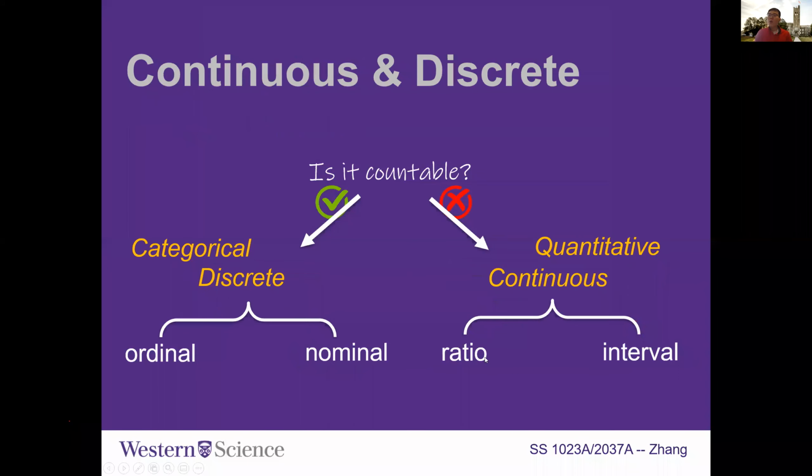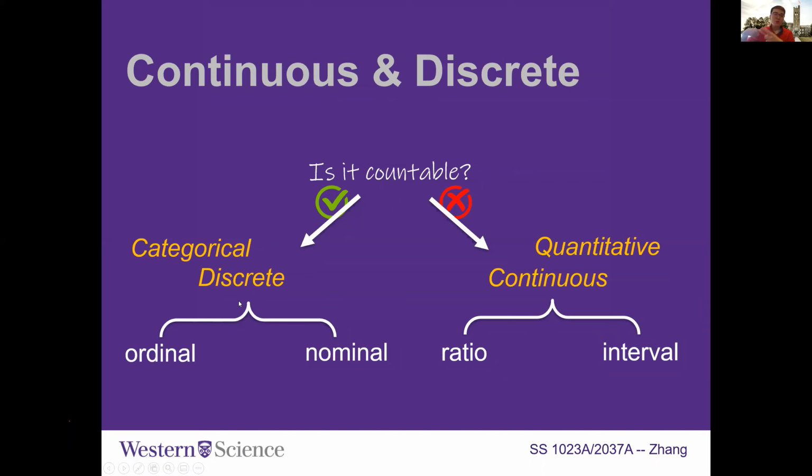All right. Besides this way to classify our different data, there's another way to classify it, but that is actually very similar to our previous classification, which is continuous versus discrete. For this classification, you only need to ask one question: is it countable? If it is countable, like color, then we would say it is discrete data or categorical data.